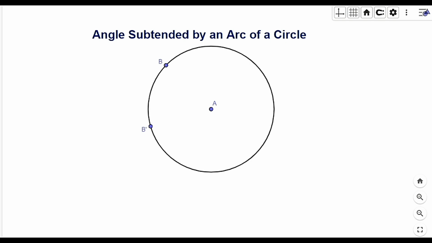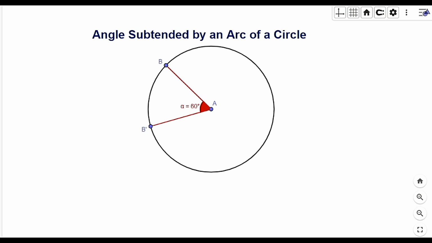We join these points to the center, AB and AB dash. Now we measure the angle subtended by the arc BB dash at the center, and we see that the angle BAB dash is 60 degree.